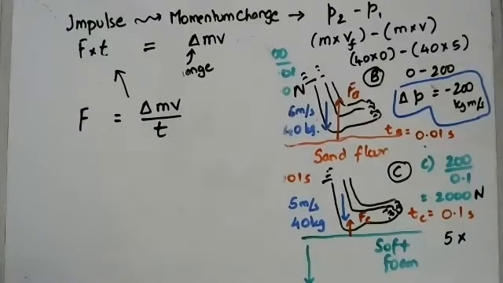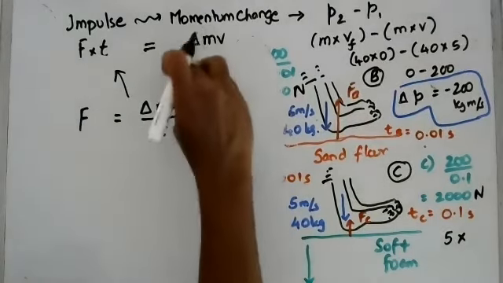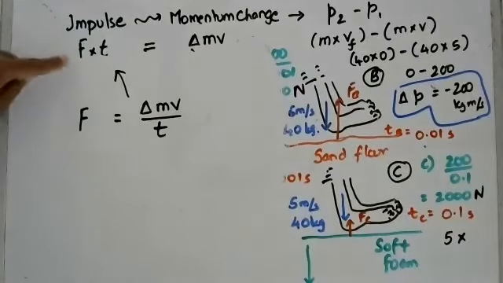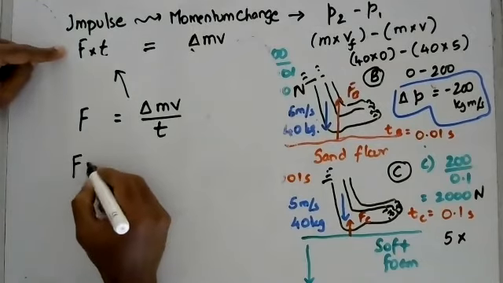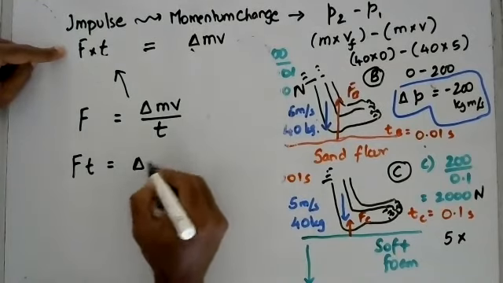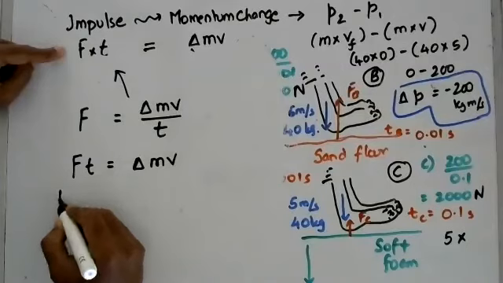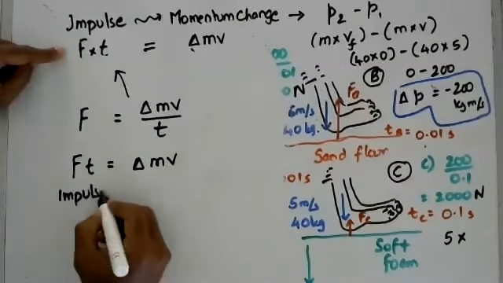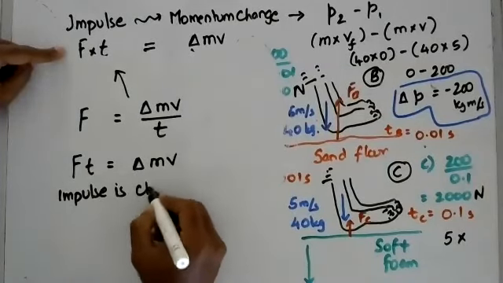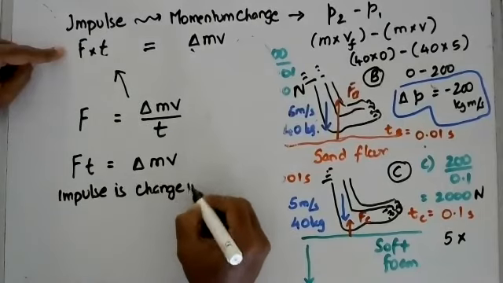Yeah, they're equal. The time will get divided over there. Exactly. So it's just a different form of the same equation. You can always write it as F times t equals delta mv. So impulse is change in momentum.